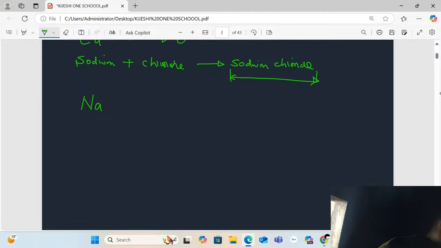And since it is of valence 1 and it is a metal, we are going to give it this sign. Then plus chloride ion, like this. So that now we can form the sodium chloride in that manner.